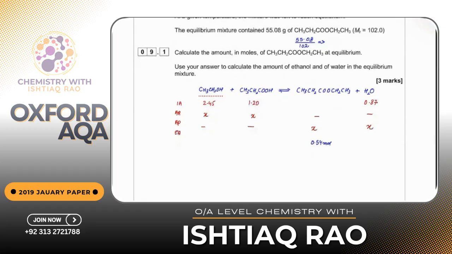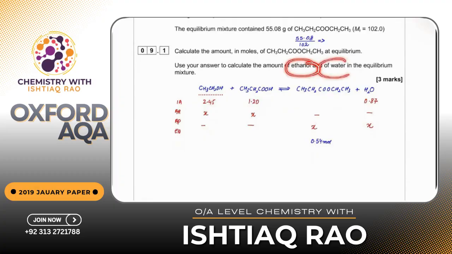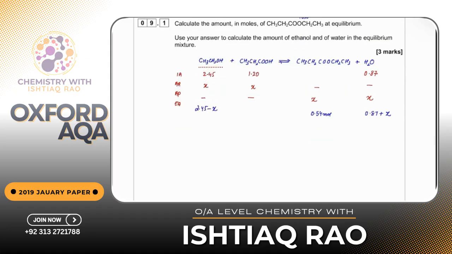And I have to calculate the moles of ethanol and water in the equilibrium. This is ethanol and this is water. So you're going to do 2.45 minus x and 0.87 plus x, but I need to know x.